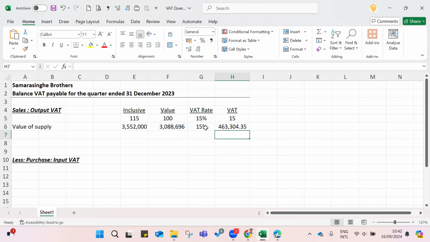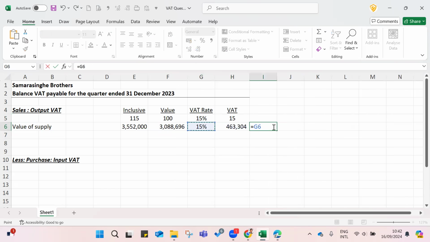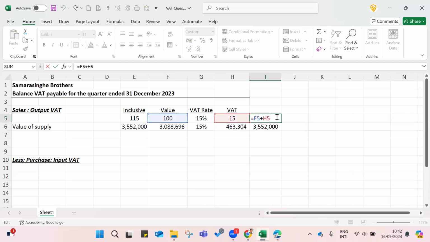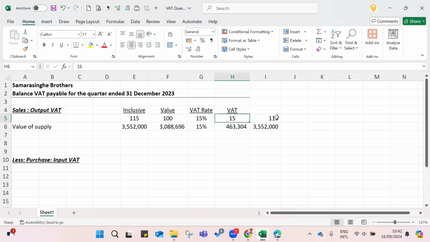If you multiply it by this, you will get the VAT component, right? If you add these two, you will end up with 115, right? It's clear now? The same thing here. If you add these two, 100 and 15, you will end up with 115, right? It's clear, right?